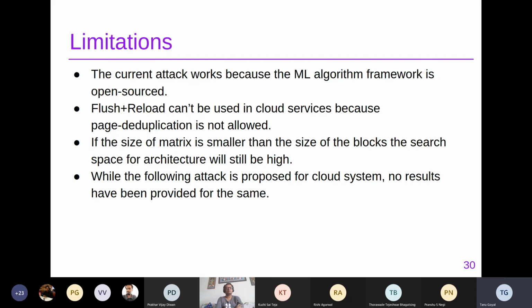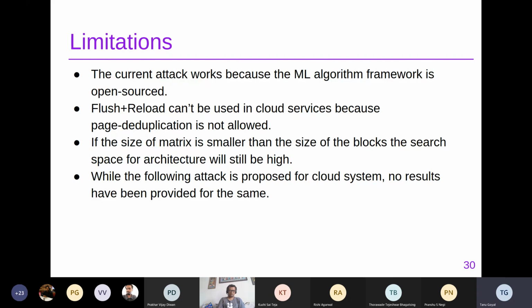Similarly, the block sizes are nothing but P, Q, R and different values. As we can see in the result slide, if the matrix size is small, the open source libraries implement a different algorithm altogether, and we won't be able to reduce the search space.